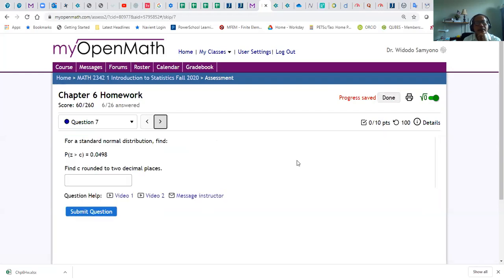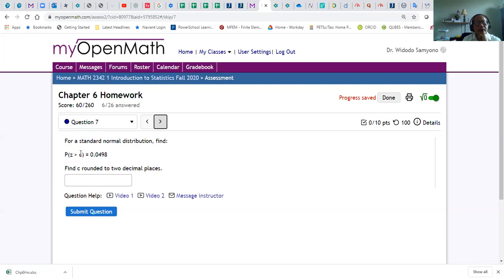Let's continue with number 5. Wow, we have 26 problems. Okay, so maybe you need to hurry. So now the probability is for the area on the right of C, right? And what is C? You can use the same command, the inverse function, to find the number here.